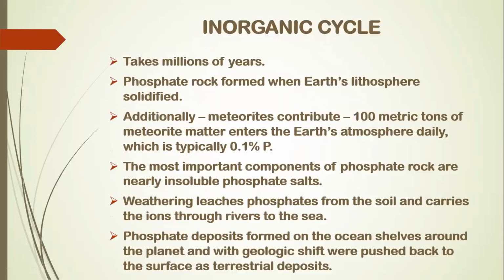Next slide. The inorganic cycle takes millions of years. So all 3 of these cycles will be given a reference to time. The inorganic cycle is a cycling of phosphorus that takes millions of years.